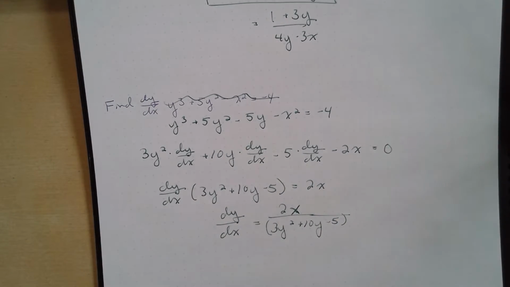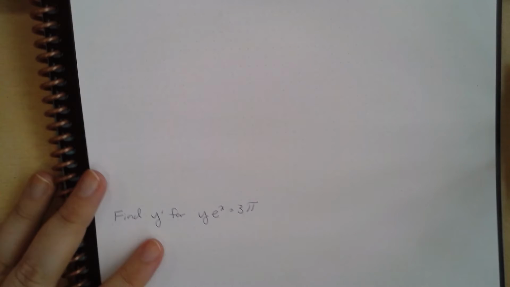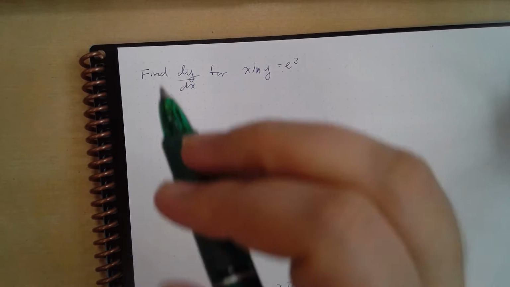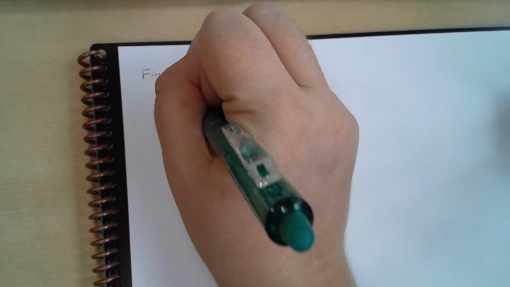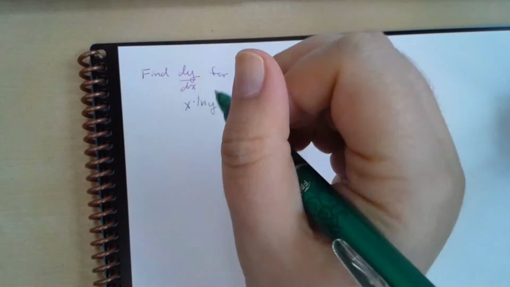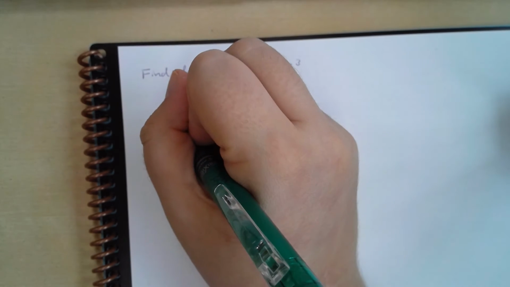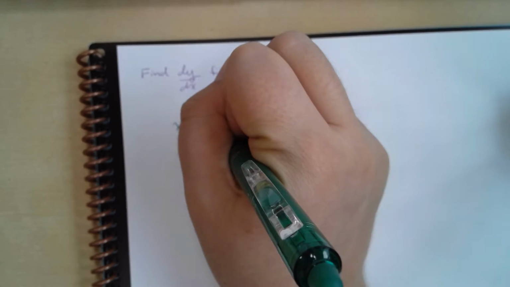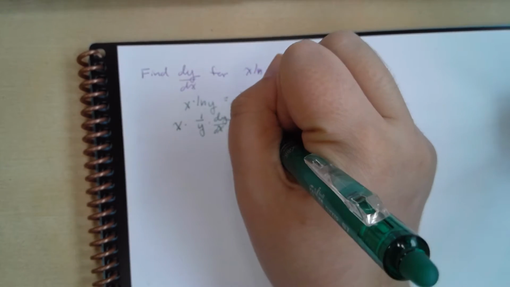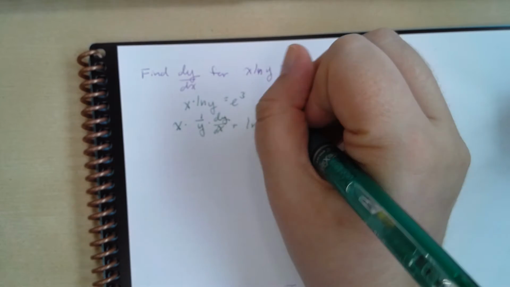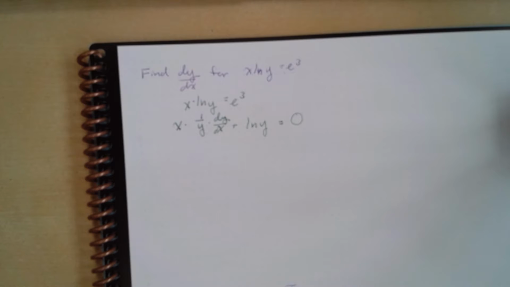So weird. All right. Next, find dy over dx for x ln of y is equal to e cubed. So we've got x times the natural log of y is equal to e cubed. Okay, so we're going to use product rule here. We have the first times the derivative of the second plus the second times the derivative of the first, which is just 1, is equal to, e cubed is actually a number, so that's 0.